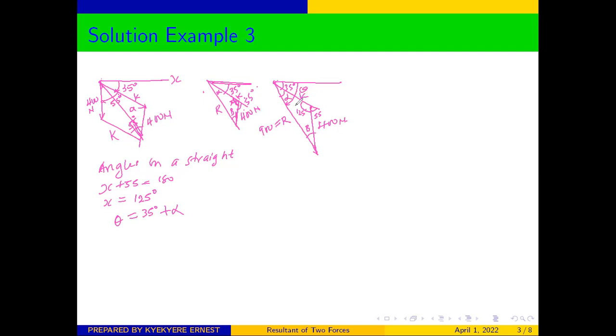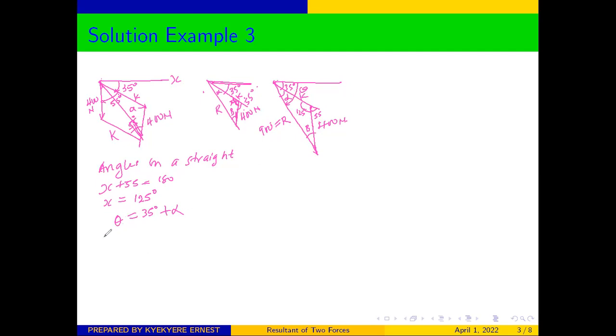We know from the sine rule that this side over the sine of this alpha will be equal to, now we know this side and we know the opposite angle, so we can use that. So this 400 over the opposite angle will be equal to our resultant, which is 900, over the opposite angle.